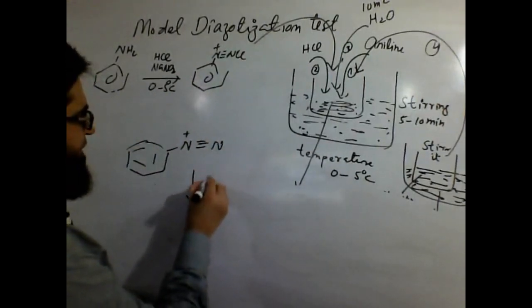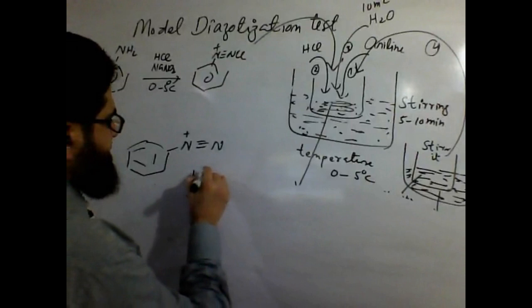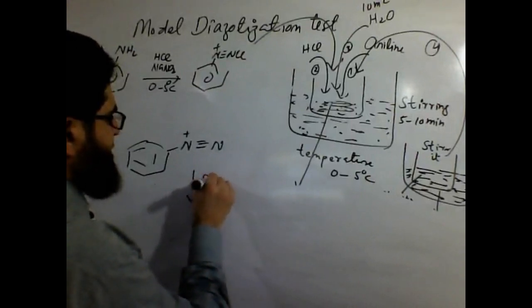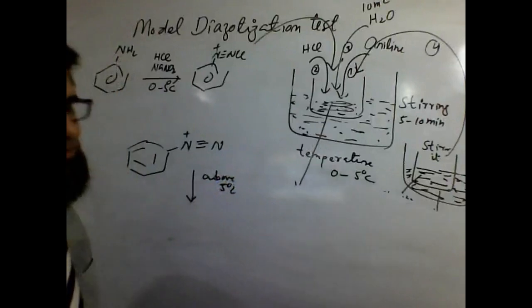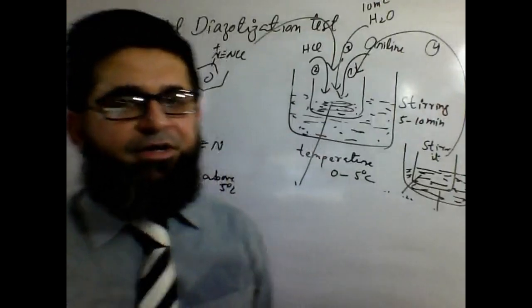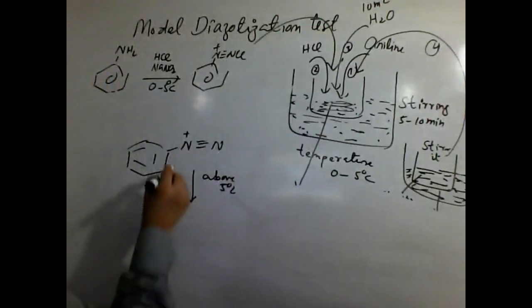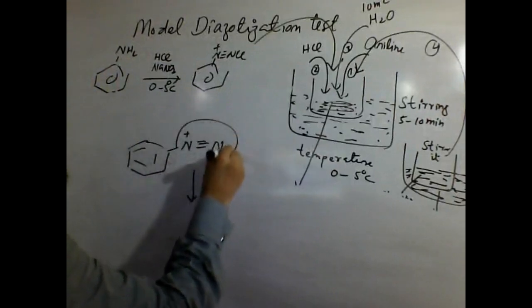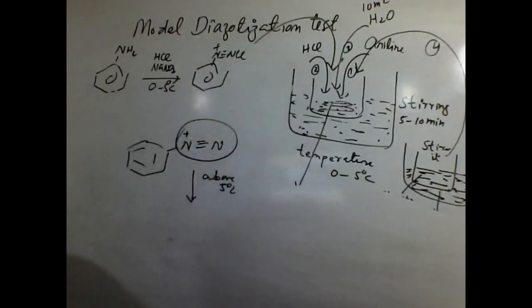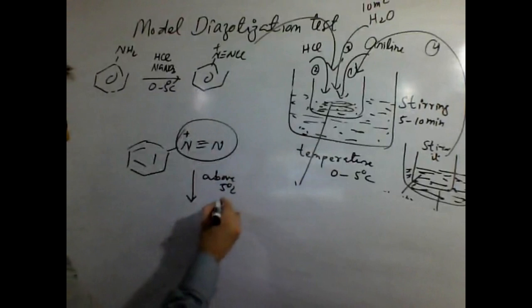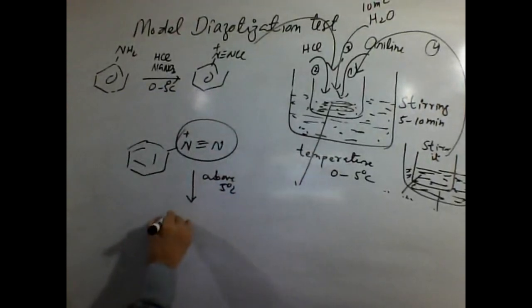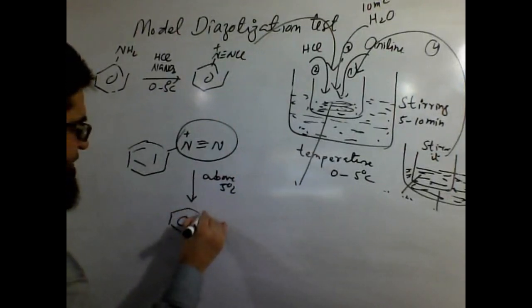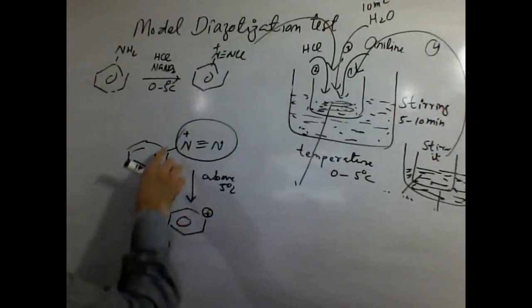If the temperature rises above 5 degrees, let's say it reaches 10-12 degrees, then this nitrogen bonded with the other moves out in the form of nitrogen gas. It evolves from the reaction mixture, leaving benzene with a positive charge over here.